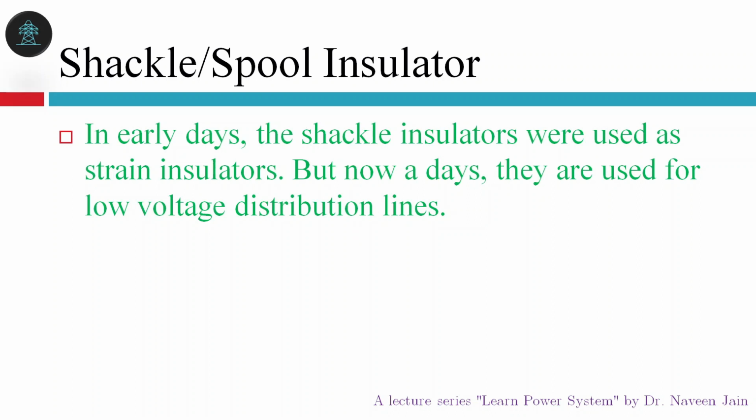In early days, shackle insulators were used as strain insulators, but nowadays they are used for low voltage distribution lines. In India, normally it is 415 volt line to line.